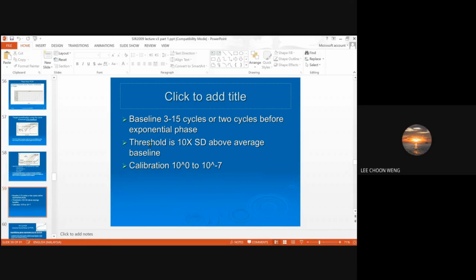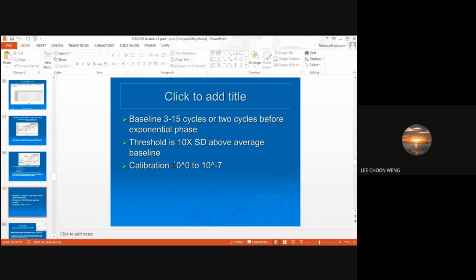And the threshold is determined as 10 times the standard deviation above the average baseline, where the average baseline is about 3 to 15 cycles before the exponential phase. Using calibration, you can determine at each cycle that crosses the threshold what copy number you're looking at.